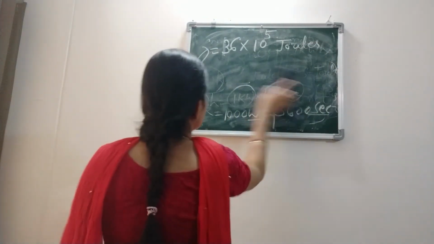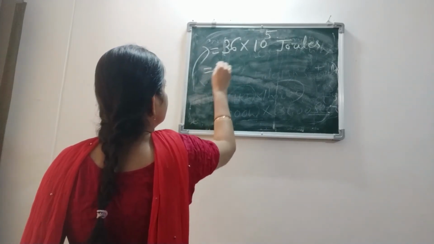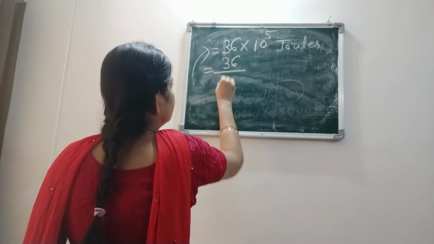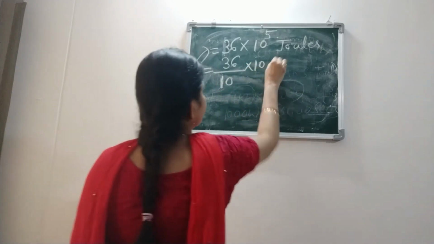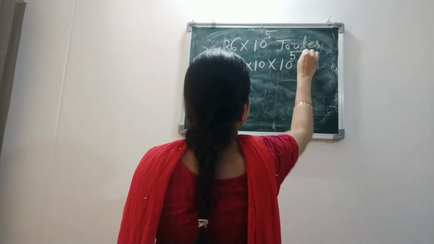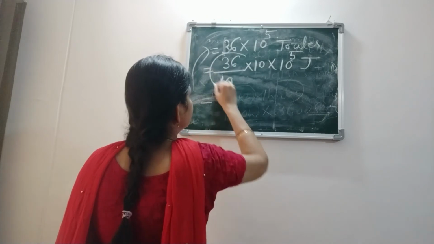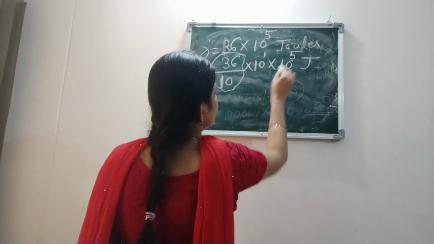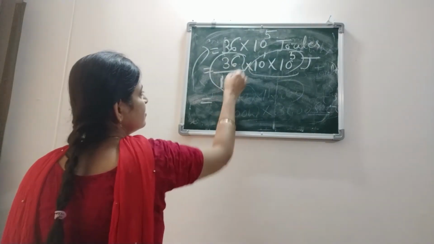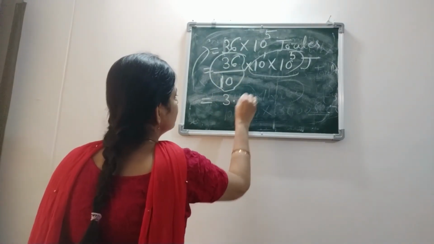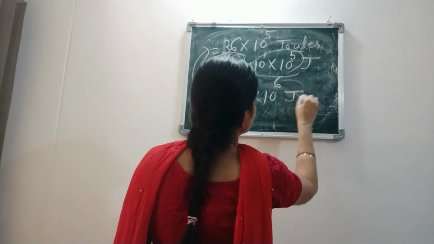Or we can write down, if we multiply 10 and divide 10, that is equal to 10 to the power 5 into 10, that is equal to 10 to the power 6 and 36 divided by 10, that is equal to 3.6 into 10 to the power 6.